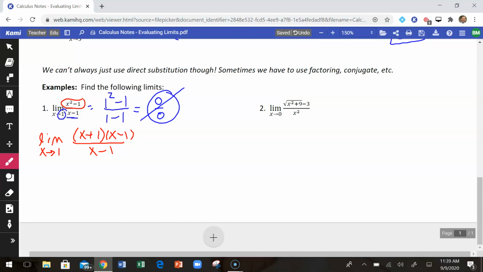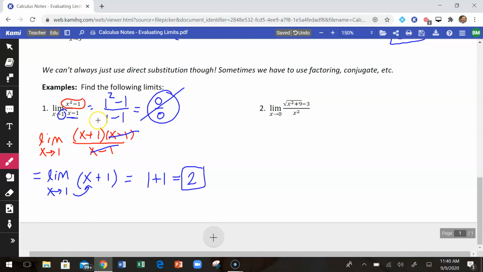Because it made the bottom 0. But in factoring, I can now get rid of the problem. The problem was the x minus 1 on the bottom, which means this is the same as the limit as x approaches 1 of x plus 1. And now I can do direct substitution, which gives me 2.